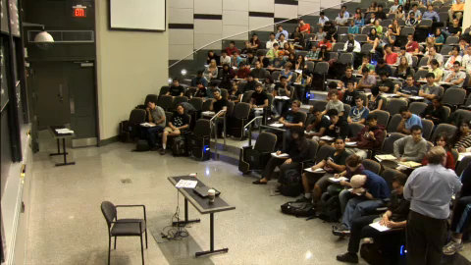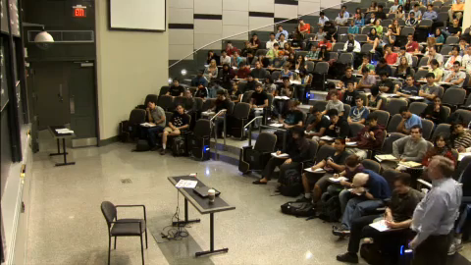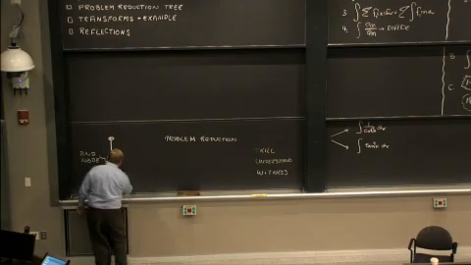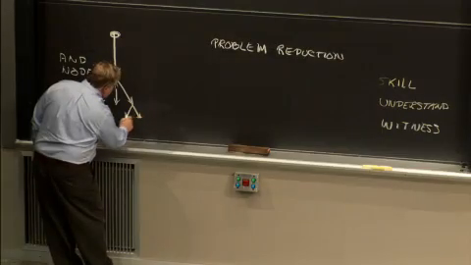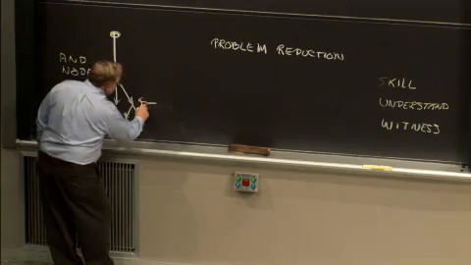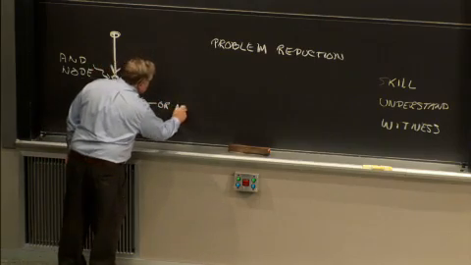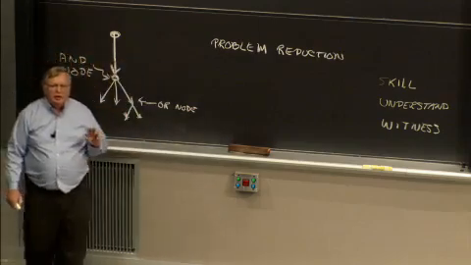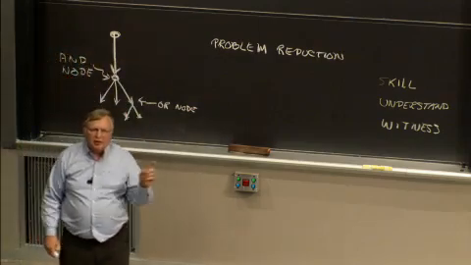So far I've got an AND node, but now I've got to introduce an OR node. Because now we have an example of something that can be solved one of two different ways. We don't care which one it is.